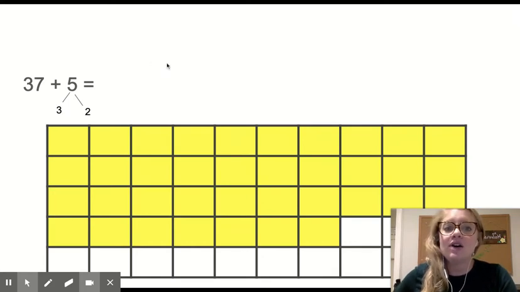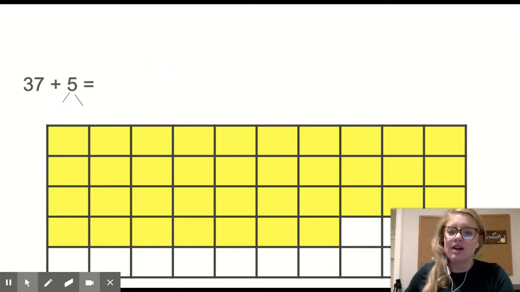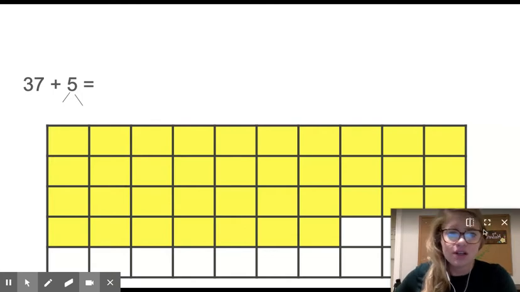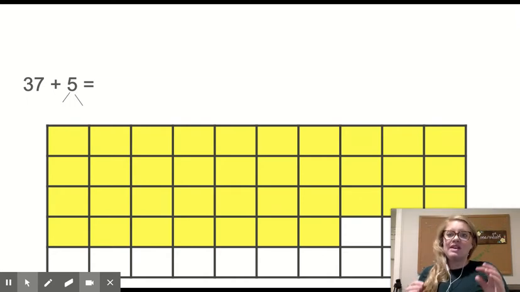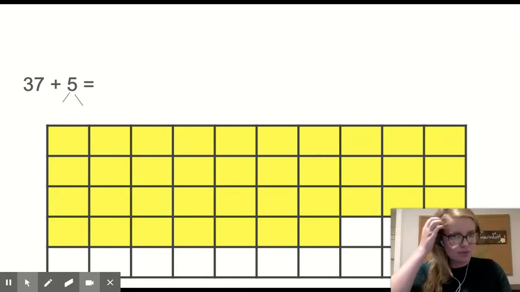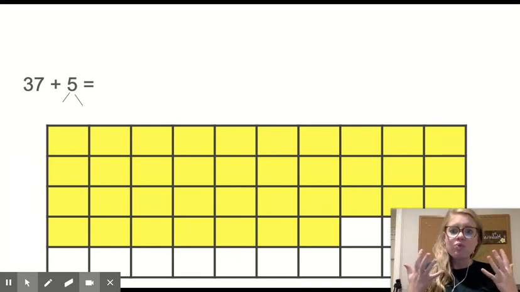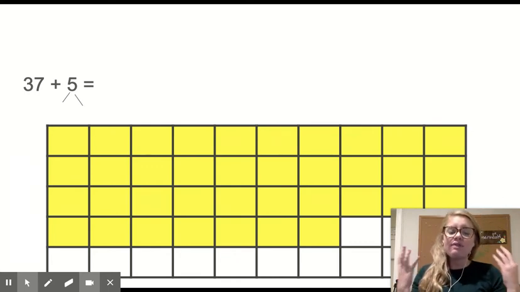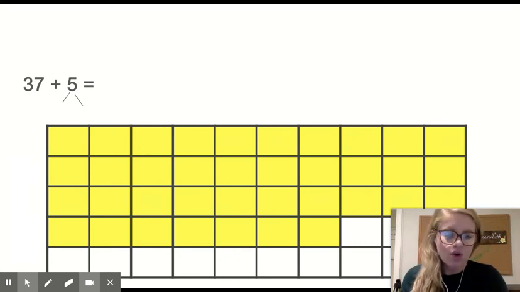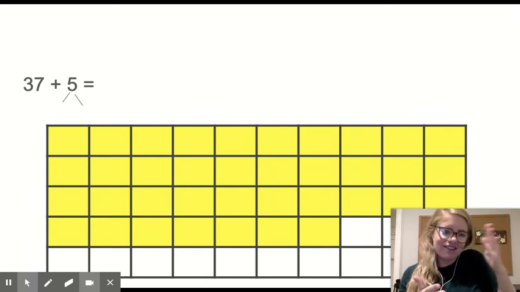All right, now it gets a little bit trickier when you have bigger numbers like this. We are going to make the next 10 up. So you might be saying, Mrs. Halverson, we have way more than 10. We have 37. When you have a number like that, you're going to want to make the next 10.